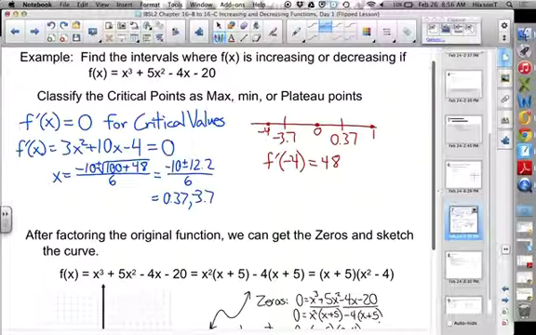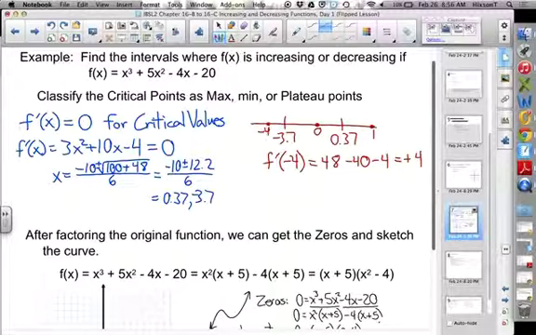I picked negative 4 because it's in this region. I plug it into this function. So that's 48 minus 40 minus 4. And really, the value itself doesn't matter. What matters is the sign. Okay? So that's 8 minus 4. That's a positive 4.